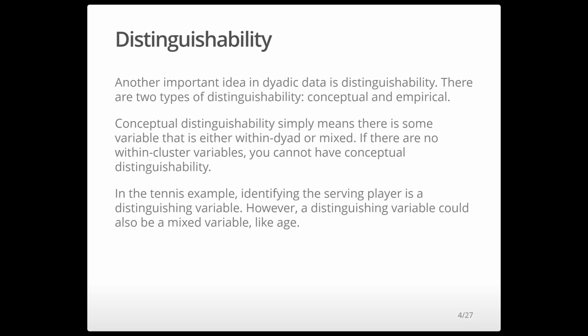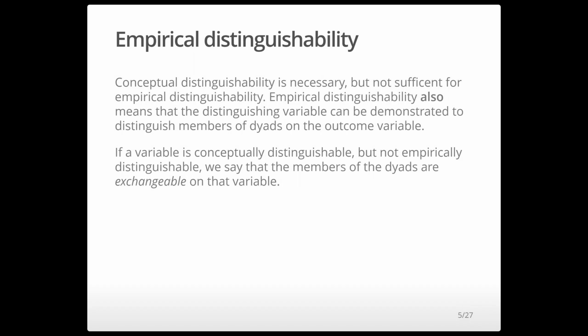In the tennis example, being a server would be a distinguishing variable because for each dyad, one player is the server and one player is not. A distinguishing variable could also be mixed. It could be something like age, where each dyad has one person who's older and one person who's younger. So that is conceptual distinguishability.